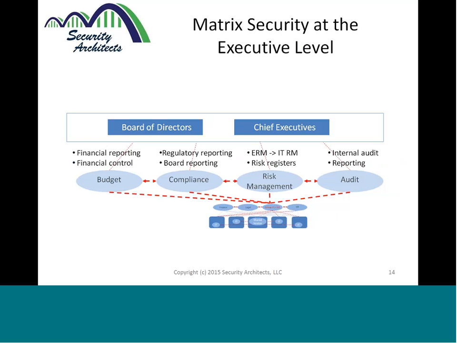The budget committees handle security budgeting, financial reporting and financial control for security.